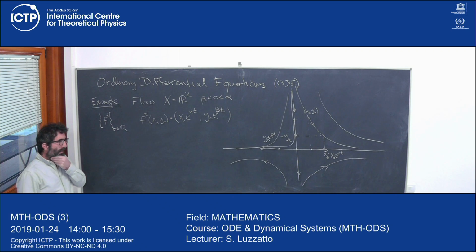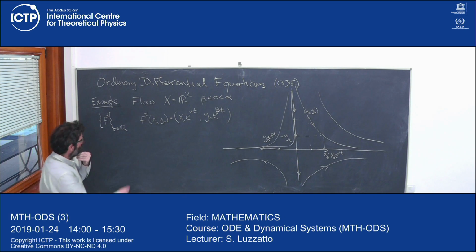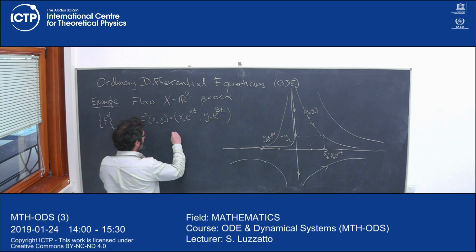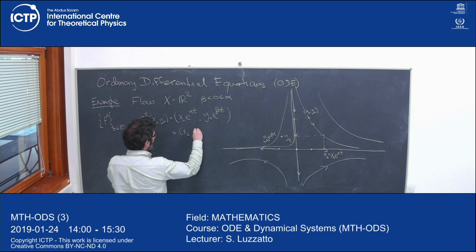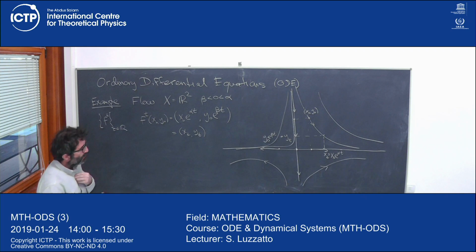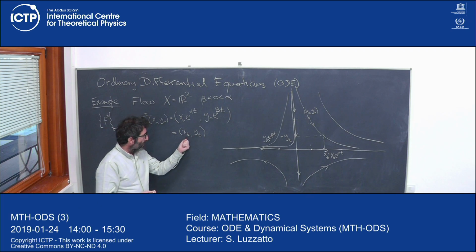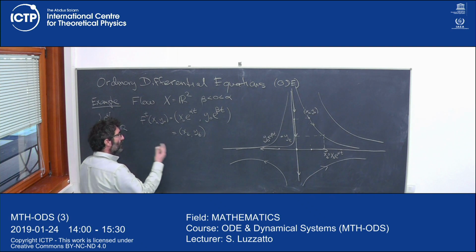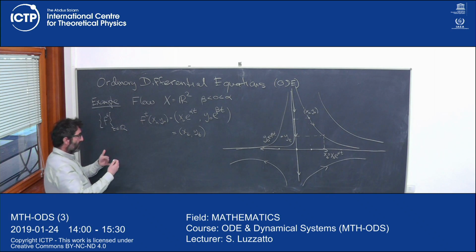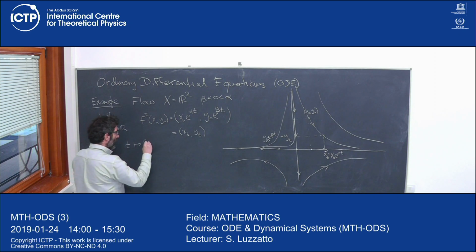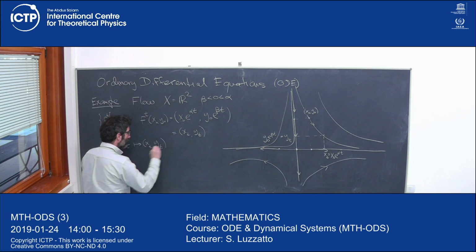So that means that if you choose an initial condition, we have x_t, so we can write this as (x_t, y_t). Okay? So in some sense, well, not in some sense, this is a function of t, right? You can think of this as a function t goes to (x_t, y_t).